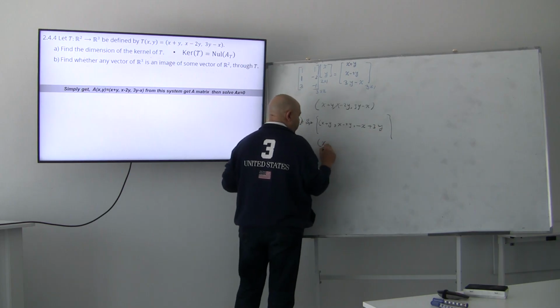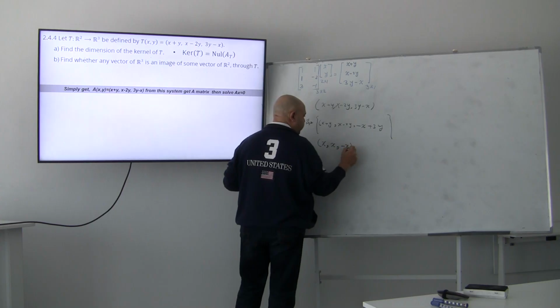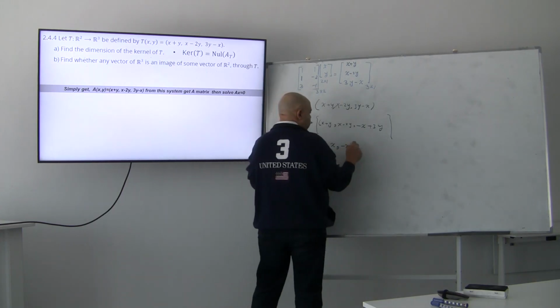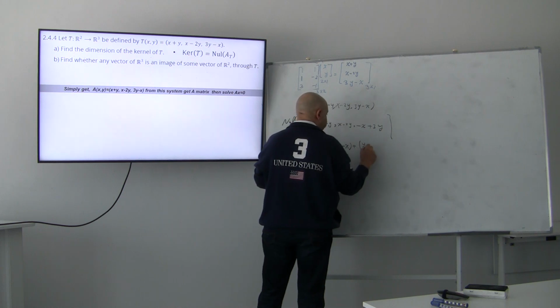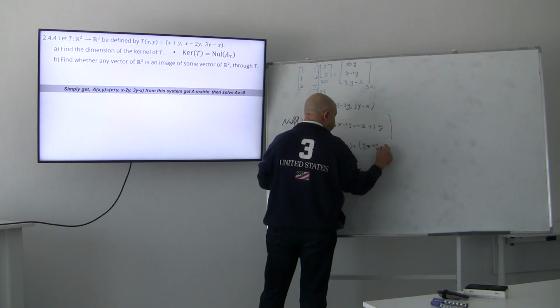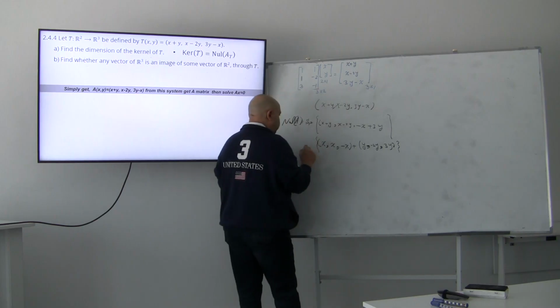So it's going to be x for the first coordinate, x for the second, and negative x for the third. And this is going to be plus y for the first coordinate, then negative 2y for the second, and for the third one, it's going to be 3y. Sorry, that's for the span.